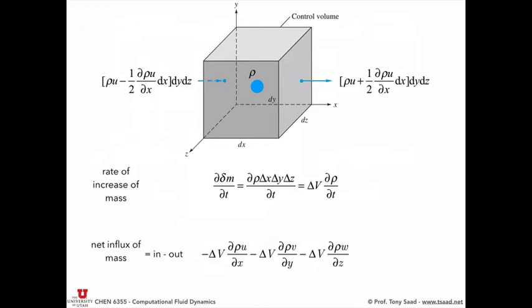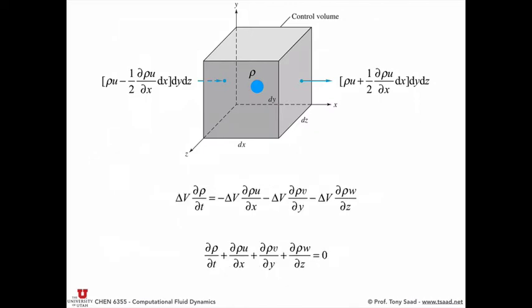You go through the algebra, do it yourself. You know, you get this. And see how delta v is going to cancel out very nicely. And then you get the conservation of mass using yet another way to derive it. Okay? All of them are the same. So if we go back a few slides, this is d rho dt plus div rho u.